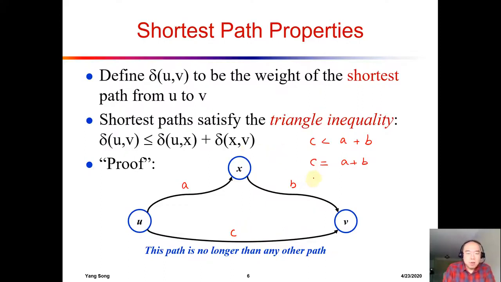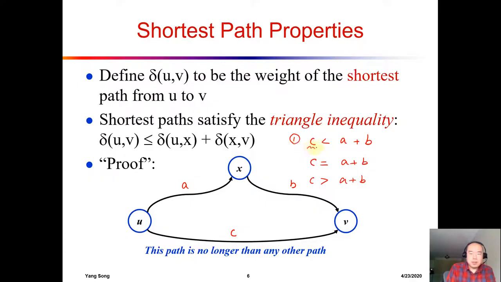And then how about C is greater than A plus B? Is that possible? Yes. So if C is greater than A plus B, we will definitely take the path U to X and X to V, right? So if we are in case 1, what will the delta value be?